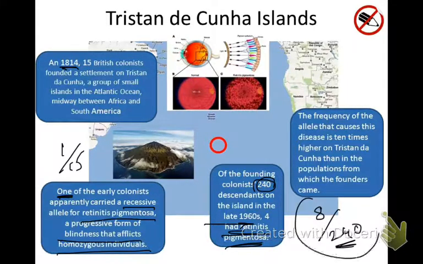So you can see what I am talking about: the frequency of this particular allele that causes the disease is 10 times higher on Tristan da Cunha than in the populations where the founders came from, right? In the original British colony that they came from.